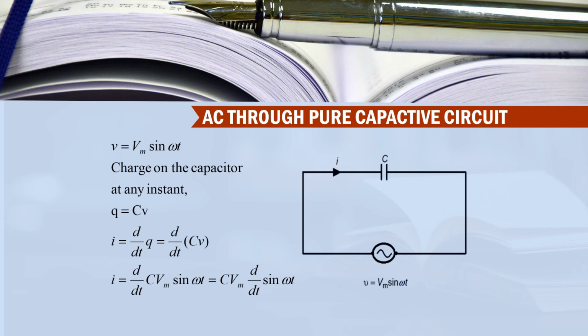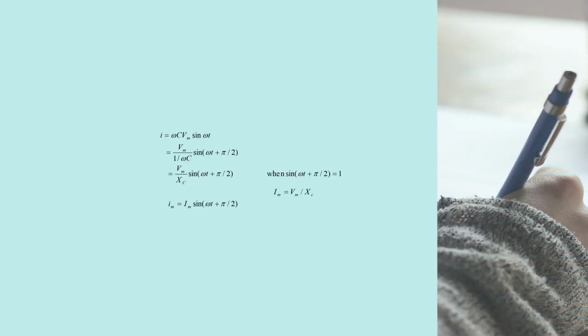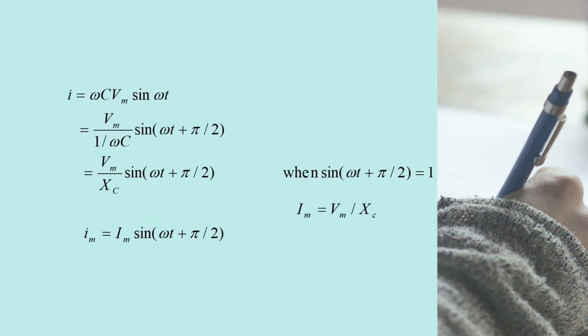So finally you can write the current flowing through the circuit is equal to C Vm d(sin omega t) over dt. After solving this expression, you can write i equal to omega C Vm cos omega t, or you can write Vm upon 1 upon omega C, sin of omega t plus pi by 2.